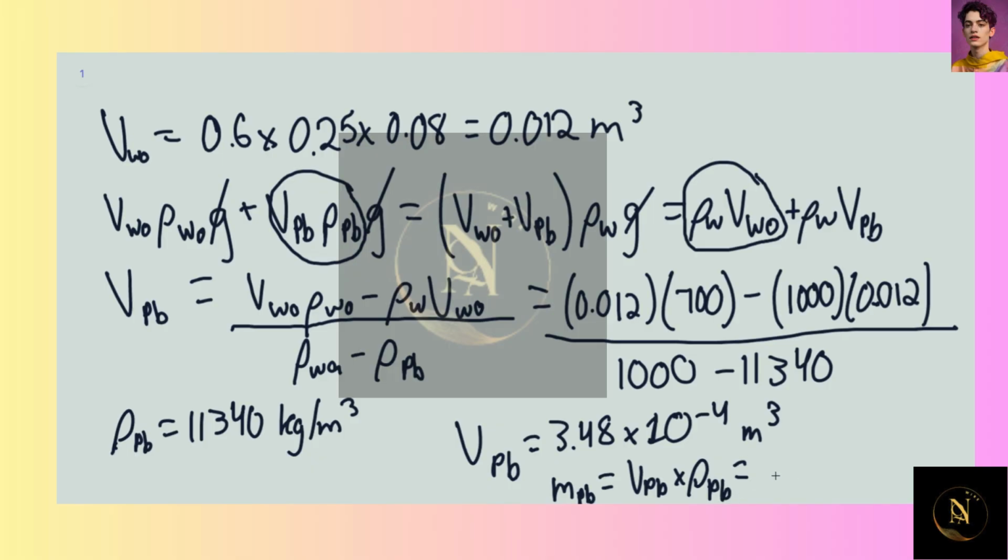And this is going to be 3.48 times 10 to the negative fourth times the density of the lead being 11,340. And we now know that the mass of the lead is going to equal 3.948 kilograms. So this would be our final answer for the mass of the lead. And then, of course, this is going to be our final answer for the volume of the lead.